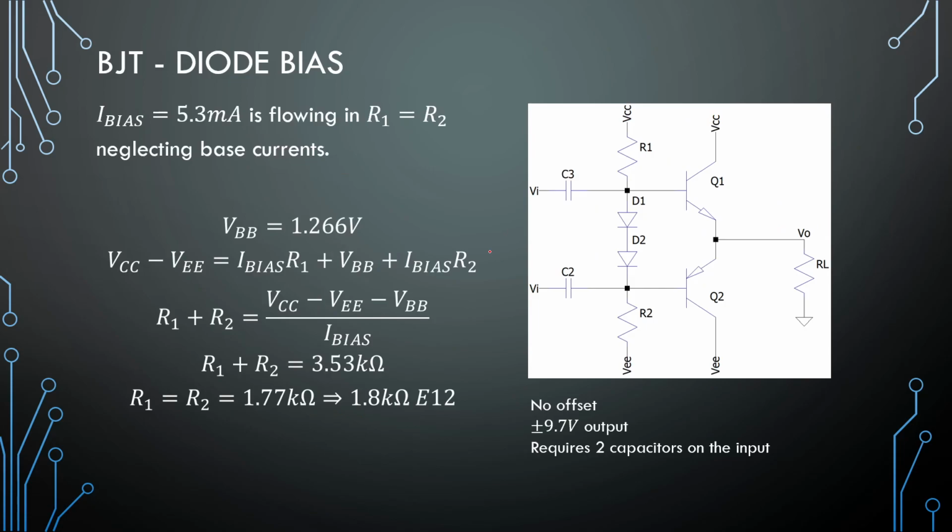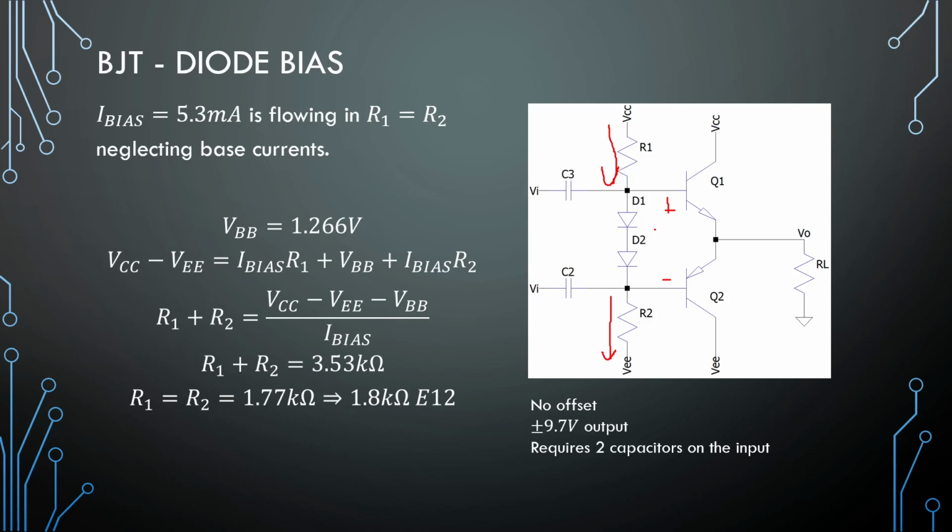So the first one is how to create our current source and have it nicely balanced like this. Okay, so we need a bias current of 5.3 milliamps. So we will have 5.3 milliamps flowing in this resistor up here. Roughly the same amount of current will flow in the resistor down there. And right here in the middle, we have our VBB value at 1.266 volts.